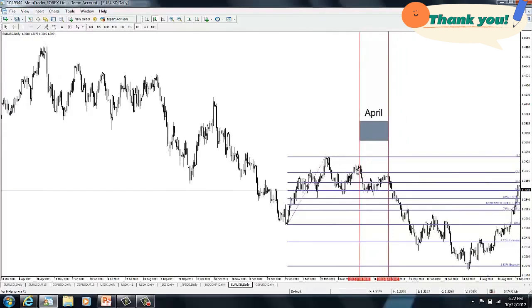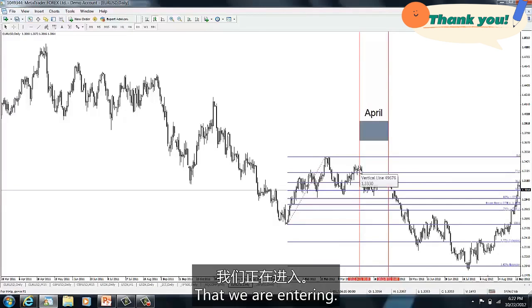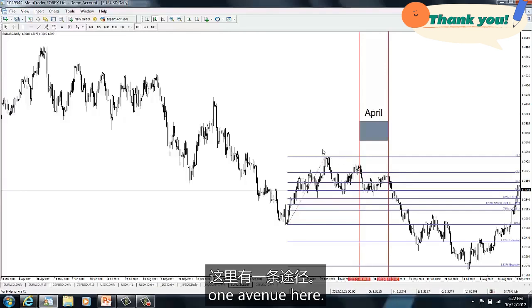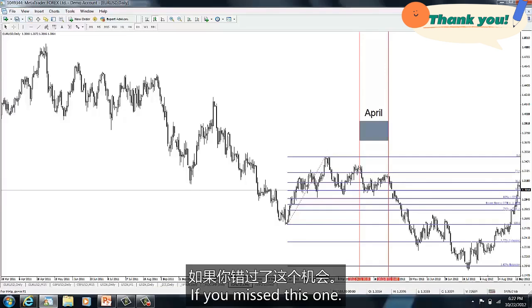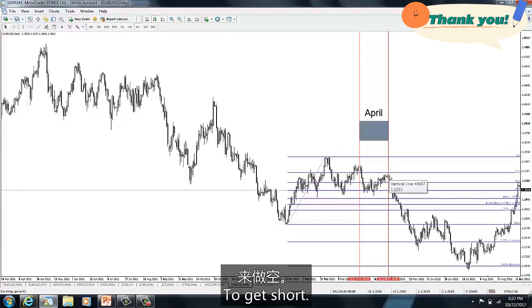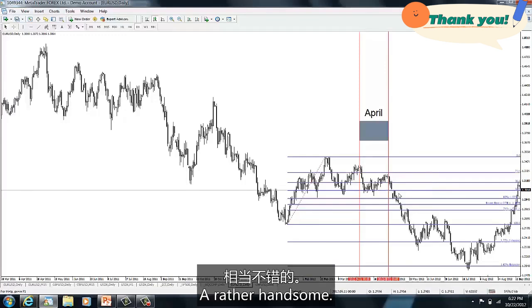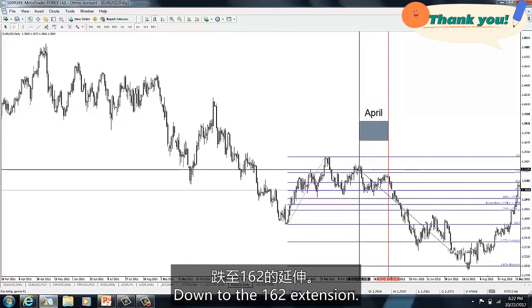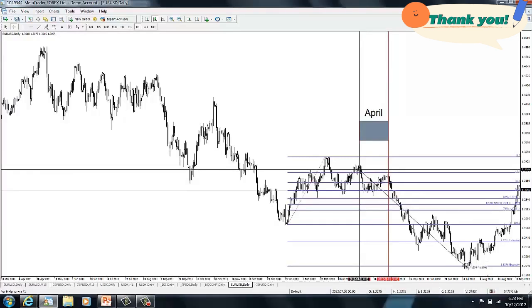Getting short here on the notion that we are entering into the seasonal time period and looking for SMT divergence is one avenue where you could have got short. If you missed this one, this was the other opportunity to get short and ride it lower. That rather handsome price swing: from the original high here in April down to the 162 extension, that's 1,230 pips.